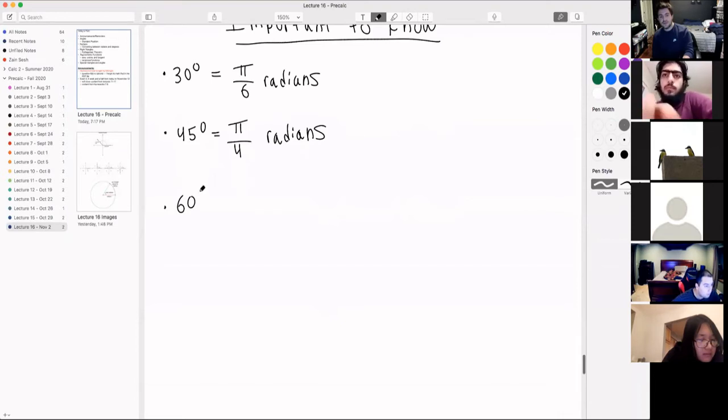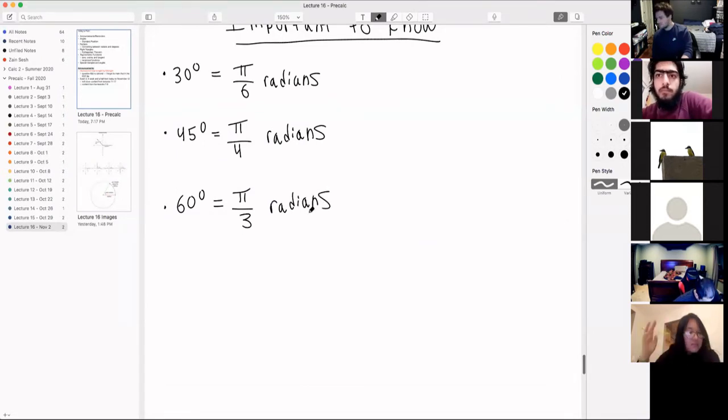The first one is 30 degrees is pi over 6 radians. The next one, 45 degrees is pi over 4 radians. The next one will be 60 degrees is pi over 3 radians. 90 degrees is pi over 2 radians.